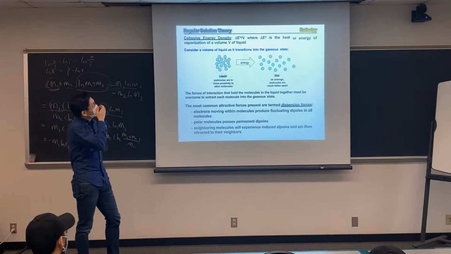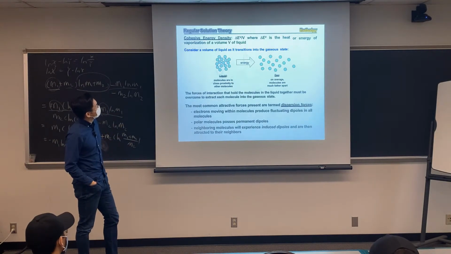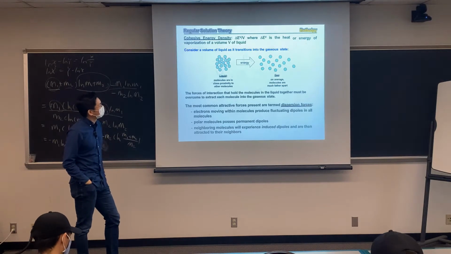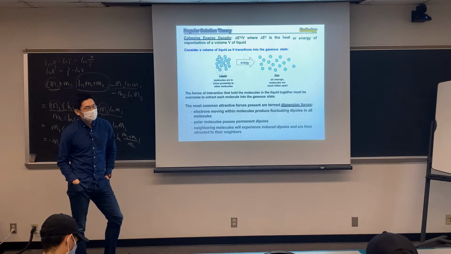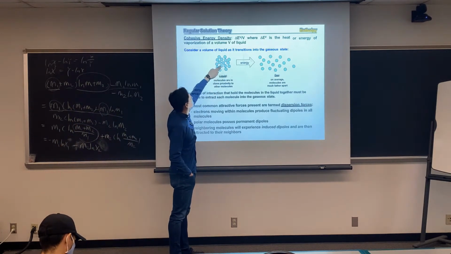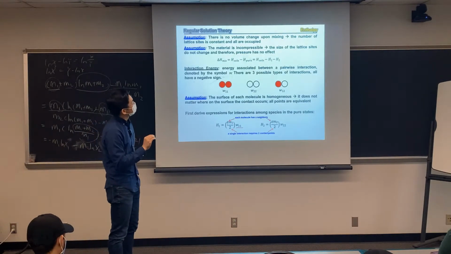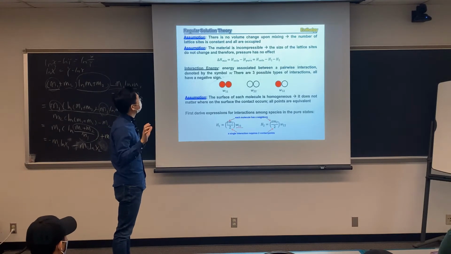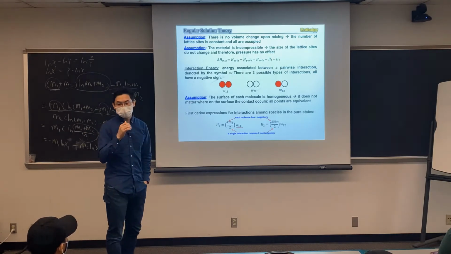First, we need to find the cohesive energy density, which is basically how much energy you need to vaporize a given liquid. Why is this useful? Because in liquids, we can approximate that there's no long-range order. In the regular solution theory, we basically assume a couple of things. I'll spell out the assumptions to help us better explain the enthalpy changes.